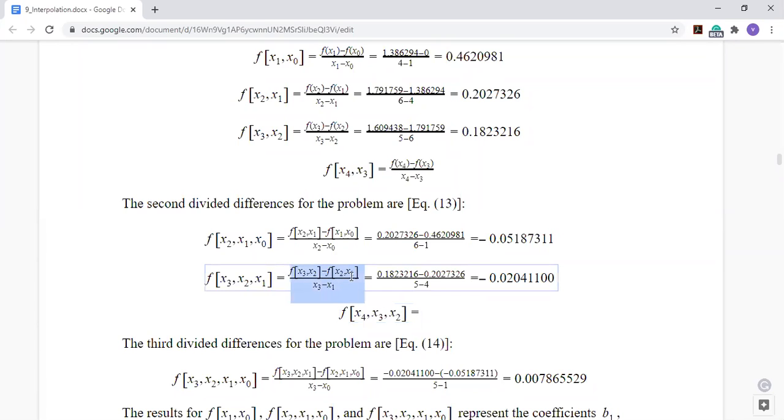Type it in the chat if you know it. What if we wanted to calculate f of x4, x3, x2? So look at the trend. You need f of x4, x3, then f of x3, x2, then x2, x1, then the first minus the last.